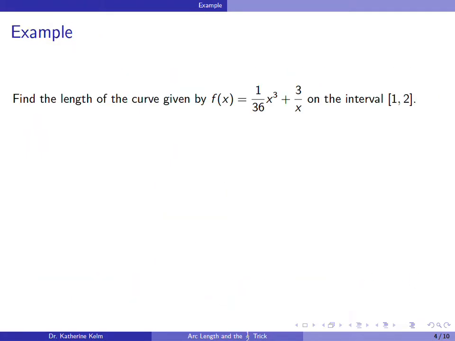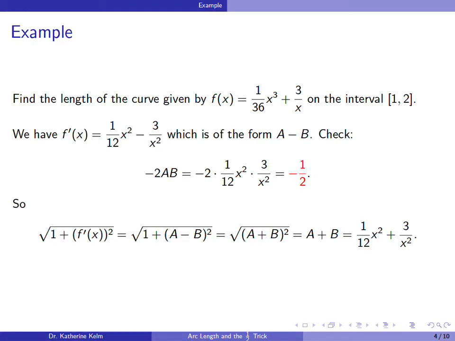Let's do an example. Find the length of the curve given by f of x equals 1 over 36 x cubed plus 3 over x on the interval from 1 to 2. We need to take the derivative to use the arc length formula. We have f prime of x equals 1/12 x squared minus 3 over x squared, which is of the form a minus b.